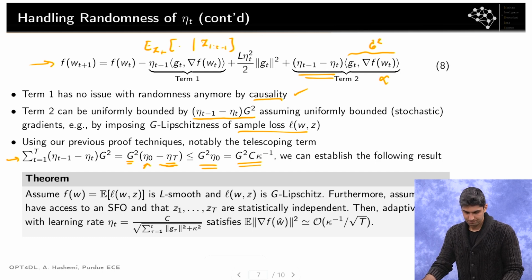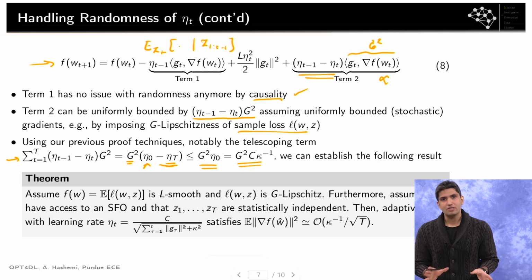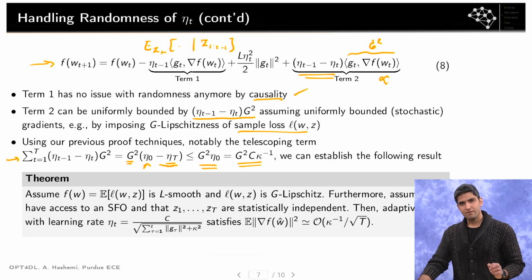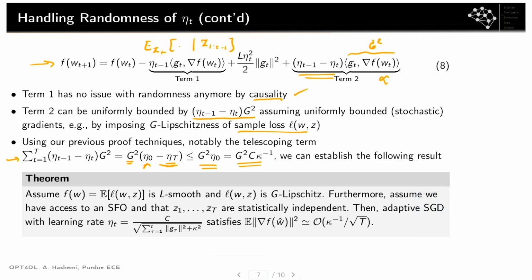So putting everything together with, I would say, slightly different ideas than what we discussed before when talking about the proof of SGD, we can establish the following theorem. So we're going to assume that we have a loss function, the average loss, which is L smooth. We are also going to make an assumption that the sample loss is G Lipschitz.